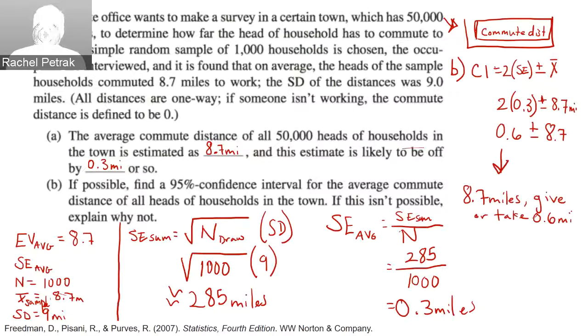I could also ask a question that said, we can be 95% confident that the average commute distances of all heads of households in the town is between blank and another blank. Those blanks corresponding to 8.7 minus 0.6, so 8.1, and 8.7 plus 0.6, or 9.3.